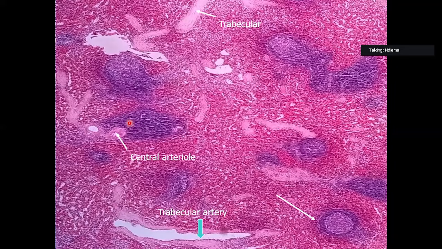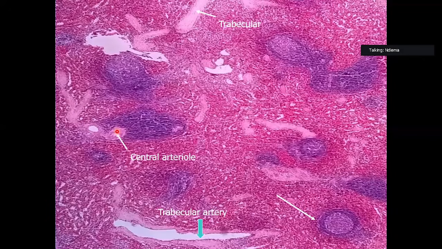The adventitia of the central arteriole comprises the periarterial lymphoid sheath, which is mainly T lymphocytes. So the lymphocytes surround the central arteriole. We are going to look into the details.